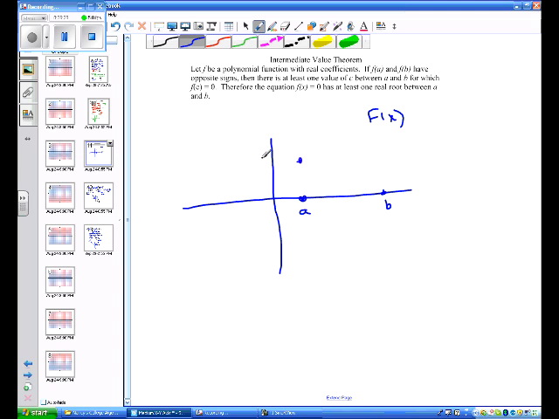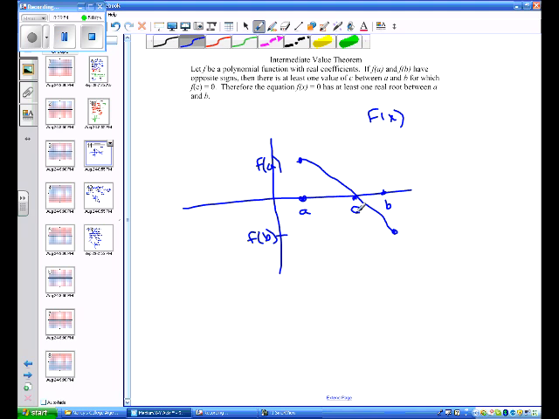Let's say it's positive, so this is f of a. And when we plug our b into our function, we get some negative number, so this is our f of b. Then common sense would say that somewhere between a and b, we've got to cross the x-axis.